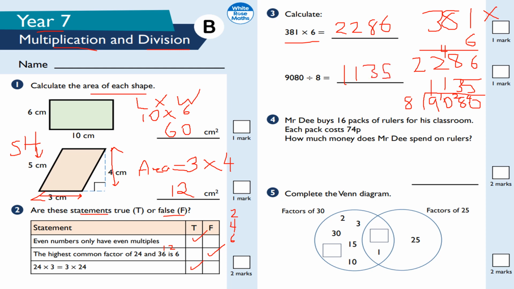Question number 4. Mr. D buys 16 packs of rulers for his classroom. Each pack costs 74 pence. How much money does Mr. D spend on the rulers? So that's going to be 74 times 16.